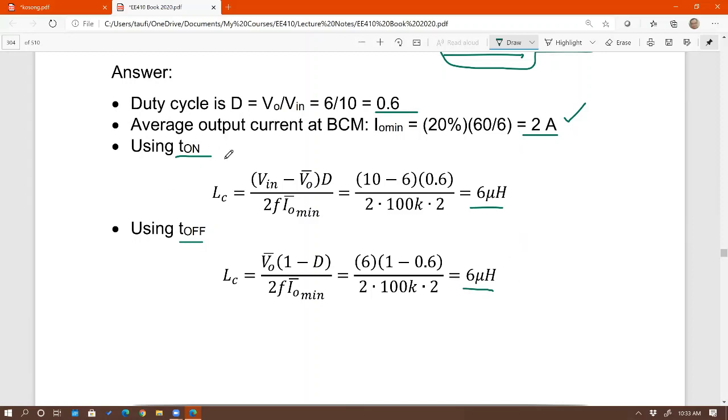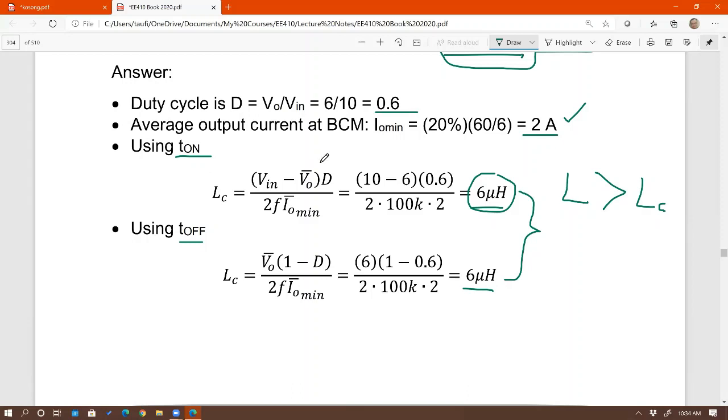So it doesn't matter if you use the T on equation or the T off equation, it should give you the same value. All right. Now, of course, when you go buy this inductor, if it gives you 6 micro, I would of course go higher than this, right? So the actual L that you buy must be larger than LC. Why? Well, because in real world converters, you're going to have losses.